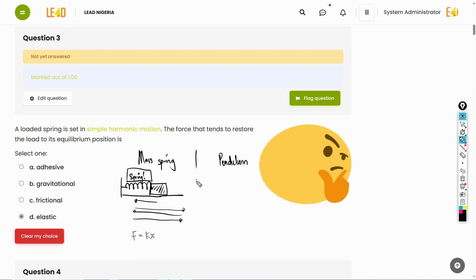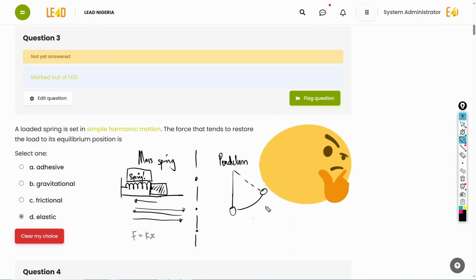Now, if this question had said a pendulum is set in motion, for instance, for a pendulum, what restores it is the gravitational force on the weight. So there's a string, and you push it this way.